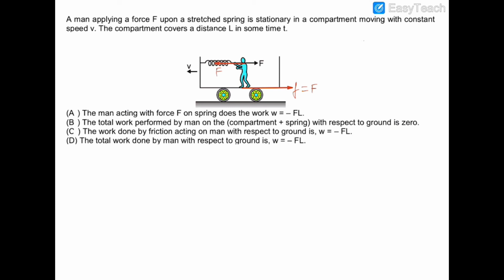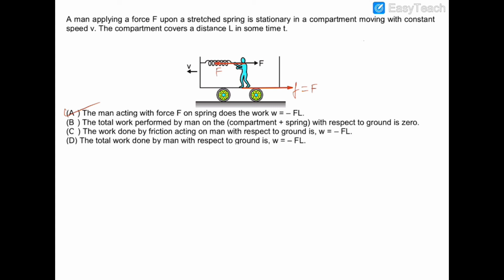So the work done by the man on this cart will be minus F into L, because the force applied by the man on the spring is towards the right-hand side, and the displacement of this spring is towards the left-hand side. The total work done by the man on the compartment and the spring with respect to ground is 0. So the man is experiencing a force of spring pull on one side and a friction force towards the right-hand side.